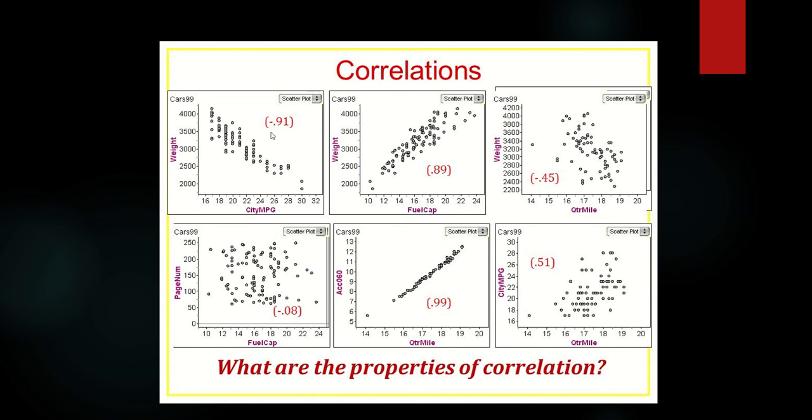This goes downwards, minus 0.91. It goes upwards, you can see, and is distributed, but tends to go downwards. Here, minus 0.08, so it's almost minus 0.1. It's really weak. This is really strong. You can see it from the shape, and it's positive. You can see that there is no relation here.